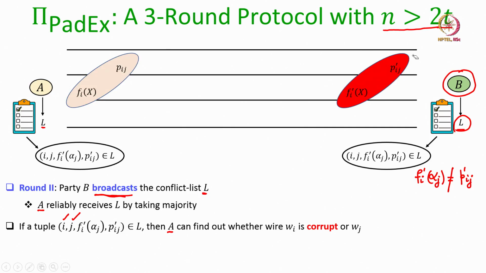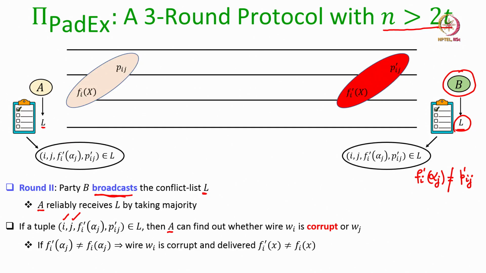But now A can find out what exactly is the case. A would have received the same conflicting tuple, and now A can do the following. It can take the first conflicting value in this tuple, recompute the value of the ith polynomial that it has sent earlier at alpha_j, and if the two values mismatch, then it can infer that it is the wire W_i which has delivered an incorrect polynomial.